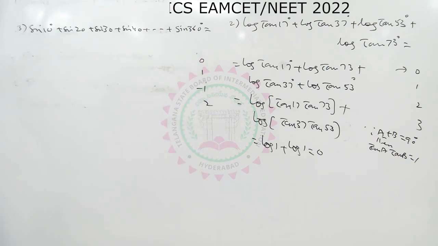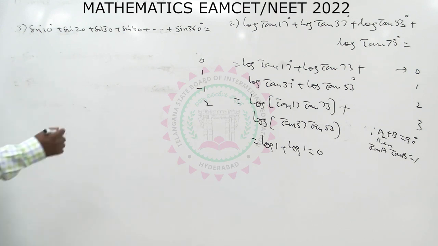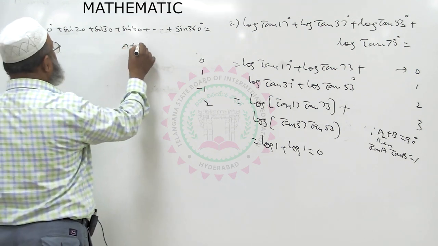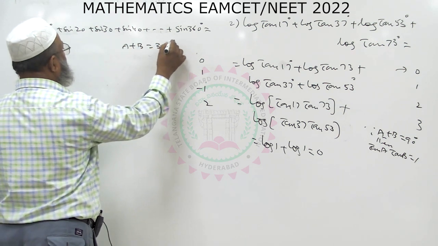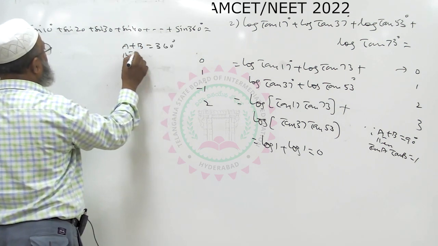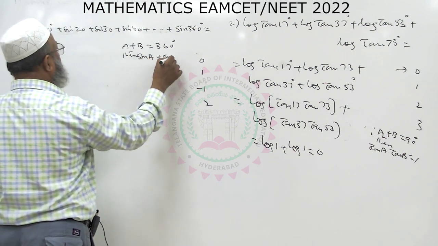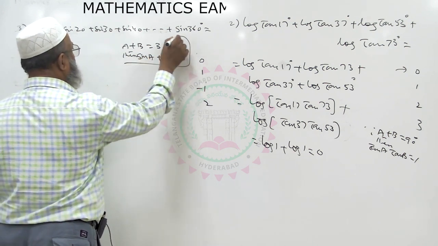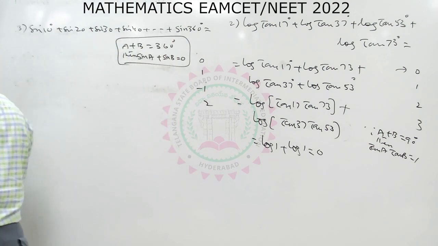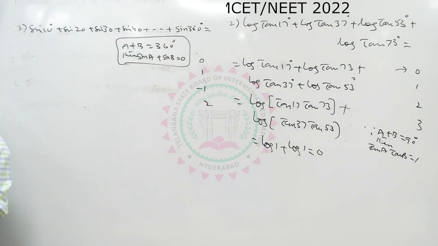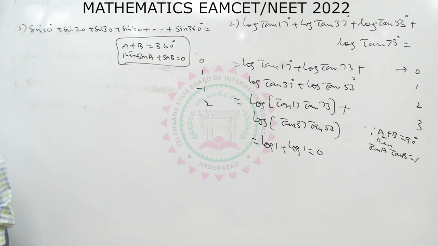Now, I have given a shortcut formula, that is, if A plus B is equal to 360 degree, then sin A plus sin B is equal to 0, right?